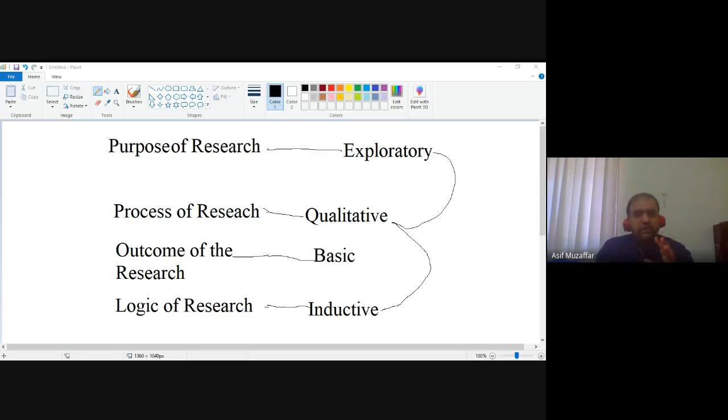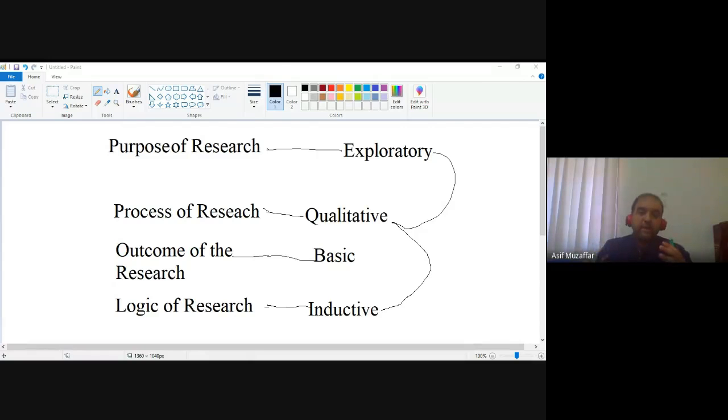In exploratory research, 99% of the time, your research would be basic research. In analytical or descriptive research, you can have the applied research type. But for exploratory, I have never seen applied research. Yes, it is possible, but the chances are very small. But even then, if it is applied, you are developing a theory, you are developing something new.